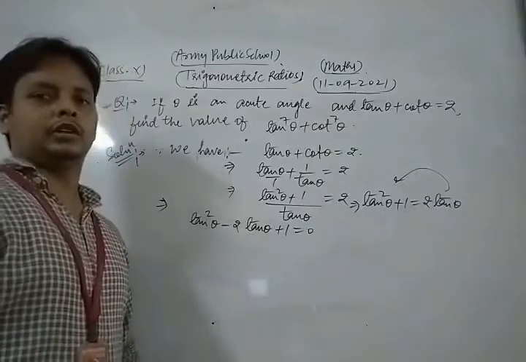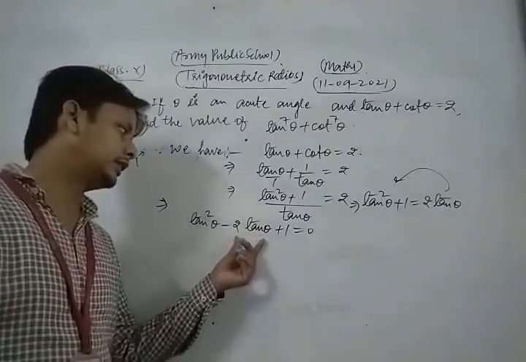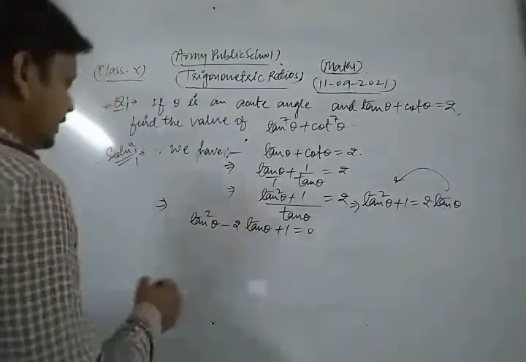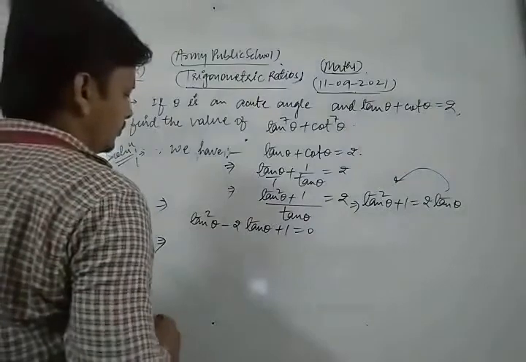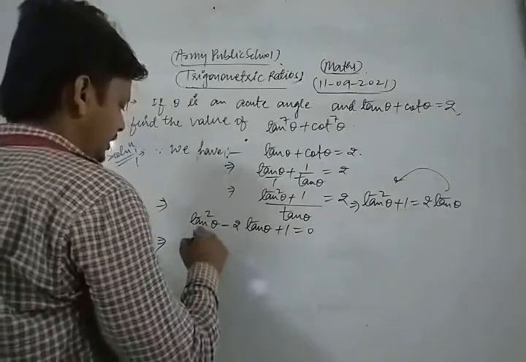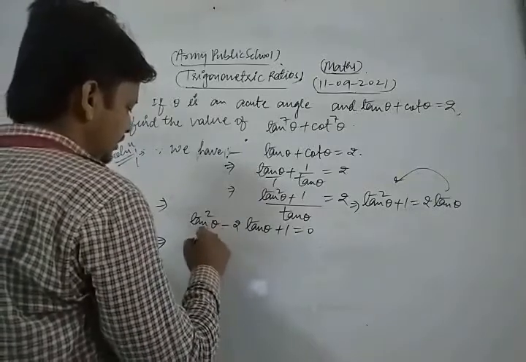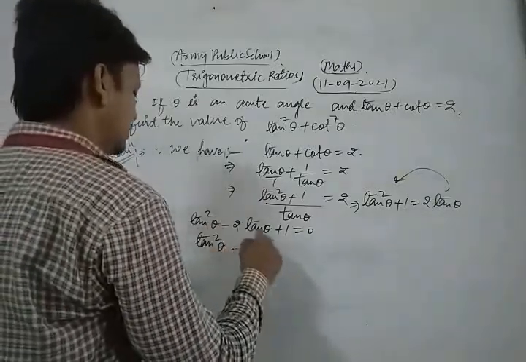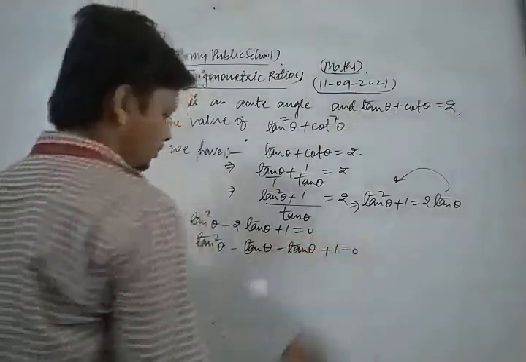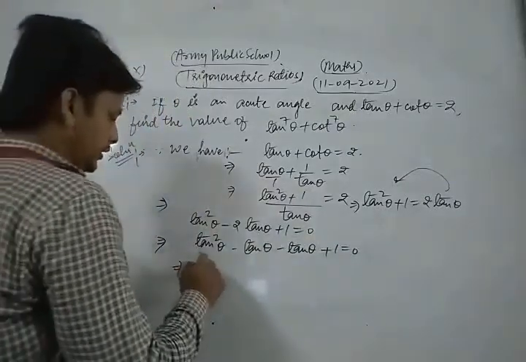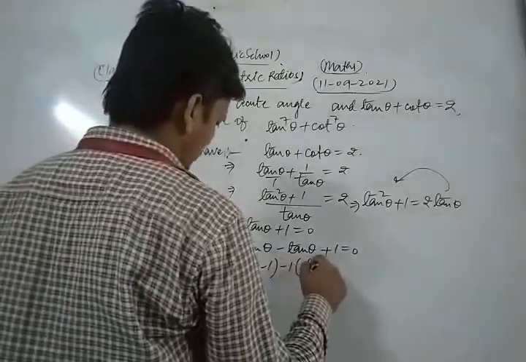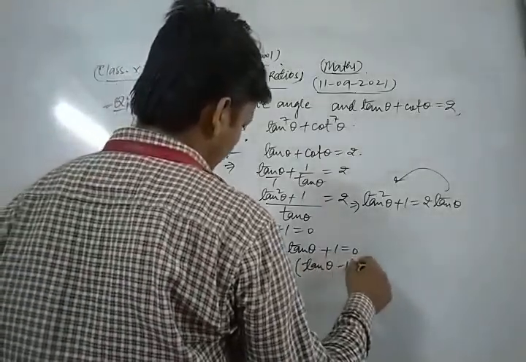We get tan square theta as it is, minus tan theta minus tan theta plus 1 is equal to 0. Now we take tan theta as common, so we get tan theta minus 1, and here minus 1 is common, so tan theta minus 1 is equal to 0.